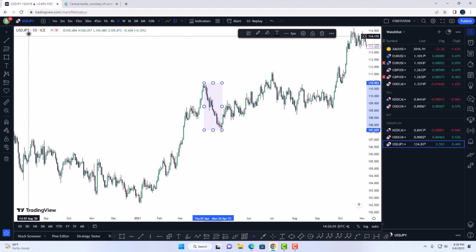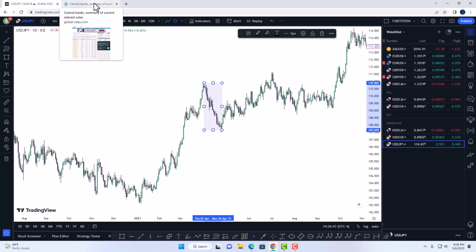Meaning, as long as the quote currency is bullish, the chart is going to go down, because the chart shows the performance of the base currency against the quote currency. In this case, the base currency is the US dollar. So if the Japanese yen is strong, the US dollar is weak. If the US dollar is weak, the chart must go down, because the chart is following the base currency, and the US dollar is the base currency in this pair. Hope you understand this, and this will help you know the direction of the pair you are going to trade.